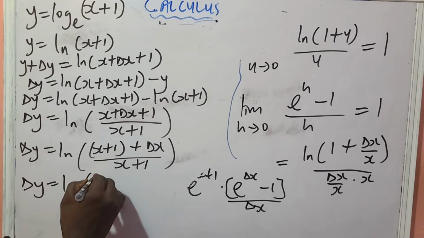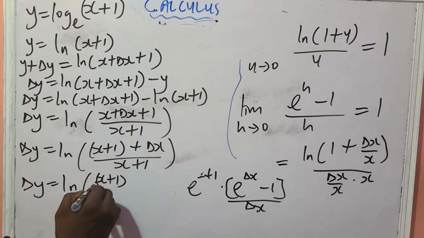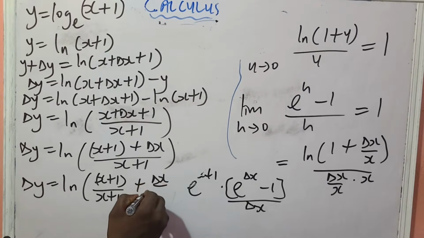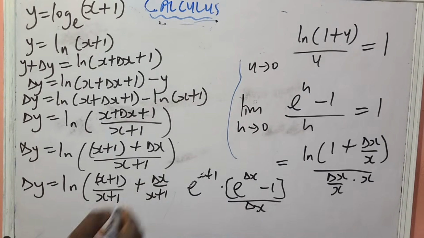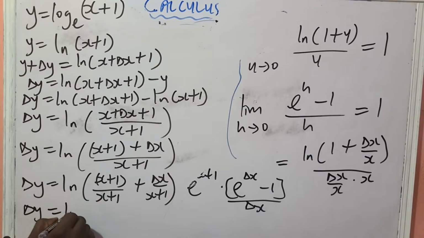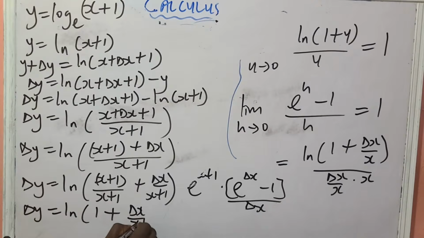Can you see how even your initial arithmetic is very key? I'm sure you should be able to flow with what I'm doing. This is just normal. There's nothing I'm doing here that is very difficult. So change in y equals ln of (1 plus change in x over x plus 1).